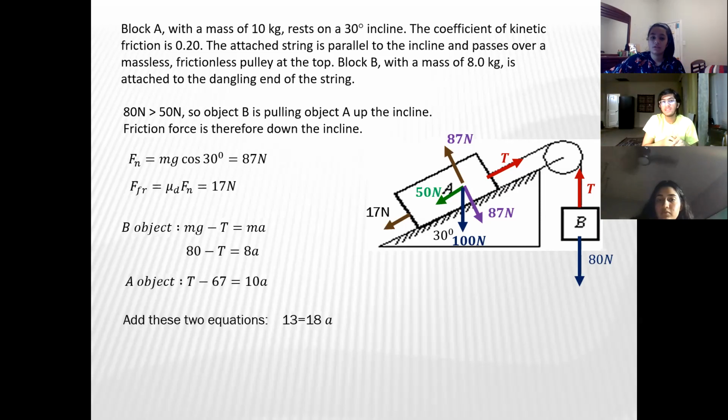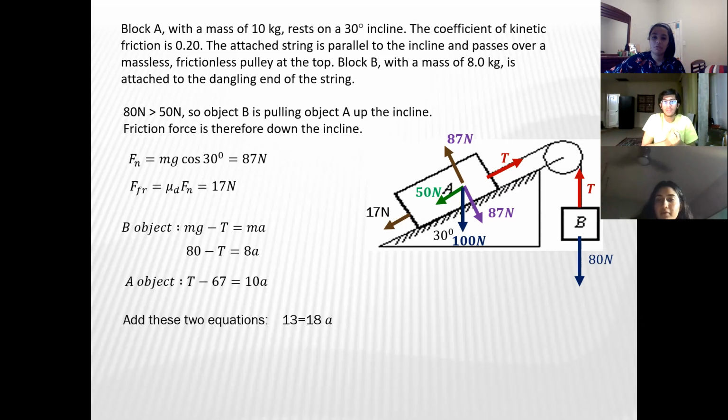So when that happens, for a certain range of masses, the objects don't move. If the frictional force plus the mg sine theta is greater than your other weight, then in that weird case, they don't move.